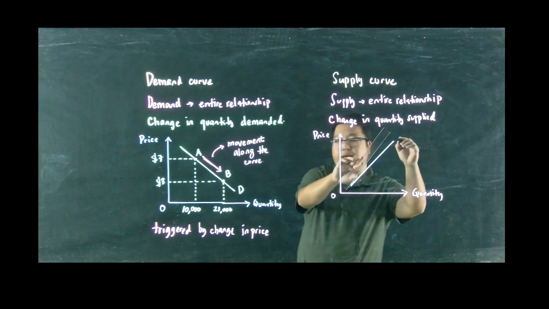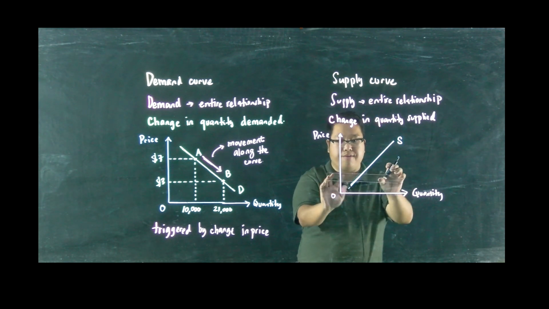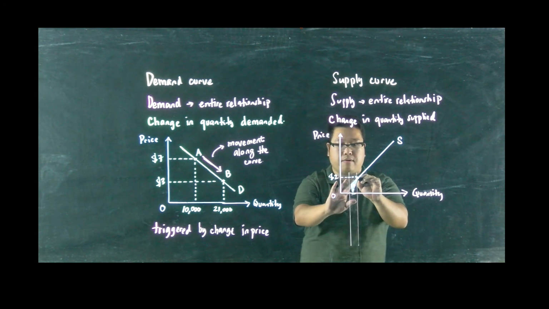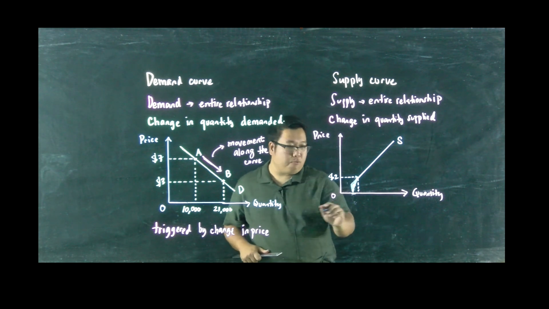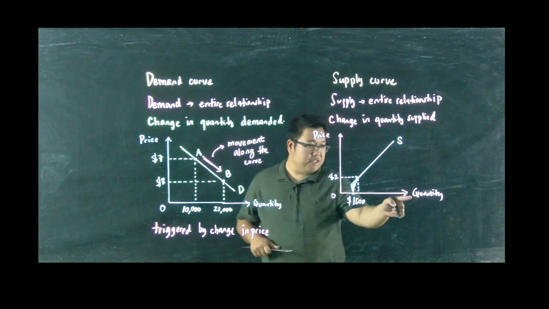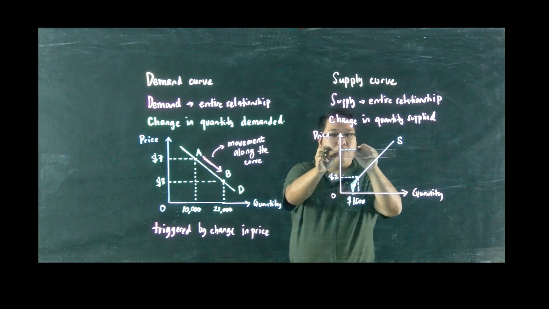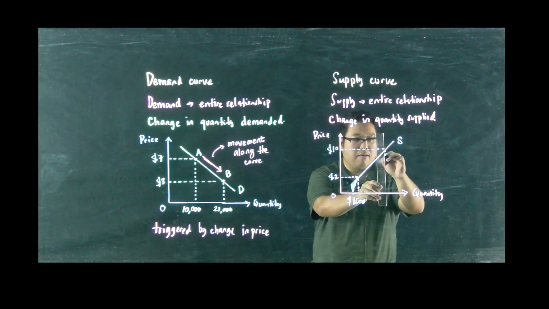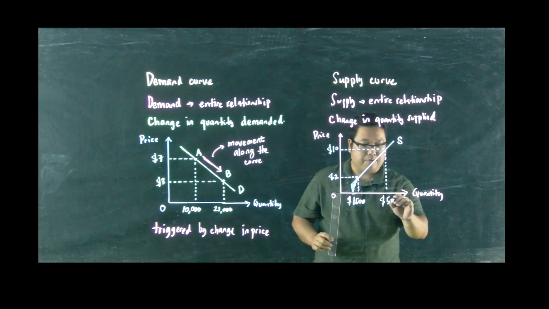I call this S. Let's say we start with $2. For $2, firms are willing to supply, let's say, 1,500 units of this good. And if price increases, let's say, to $10, quantity should increase up to, let's say, 5,000.